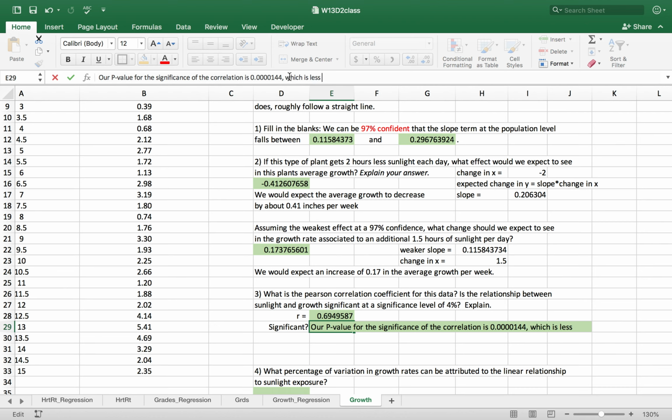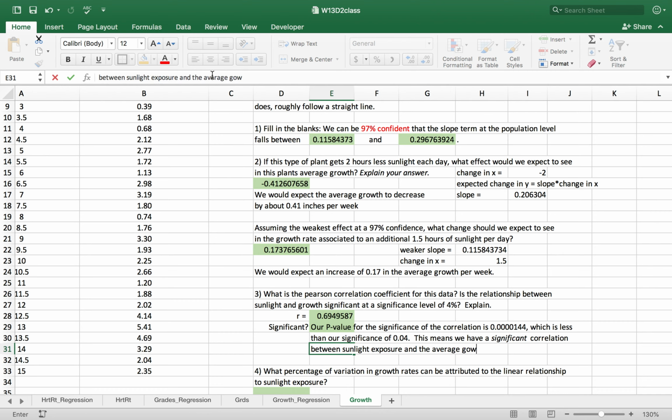Which is less than our significance of 0.04. Okay, so this means we have a significant correlation between the sunlight exposure and the average growth per week.